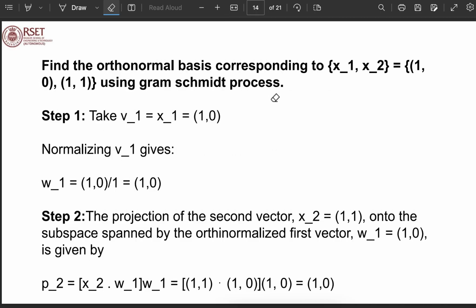Let's consider one example. Here we are considering (1, 0), (1, 1) over R². We need to find, by using the Gram-Schmidt process, its corresponding orthonormal basis.